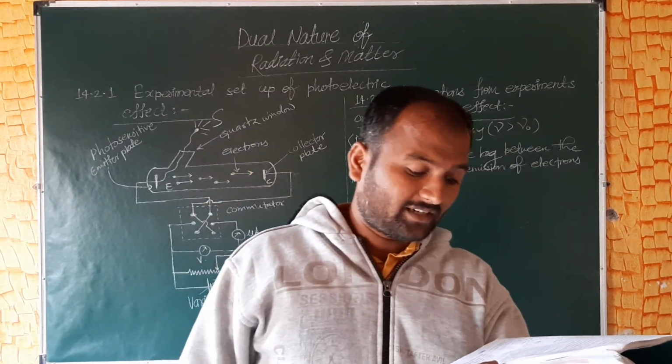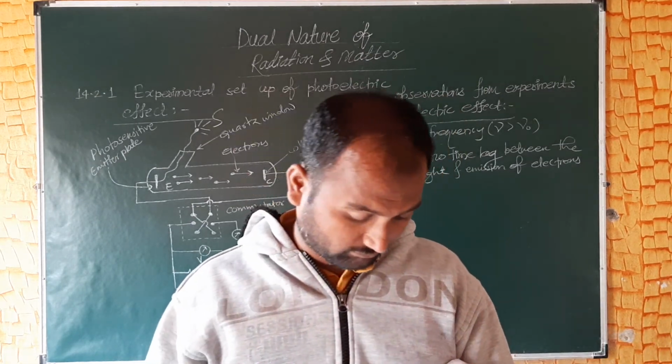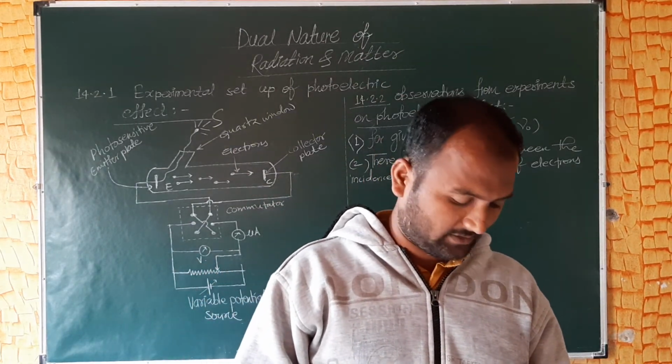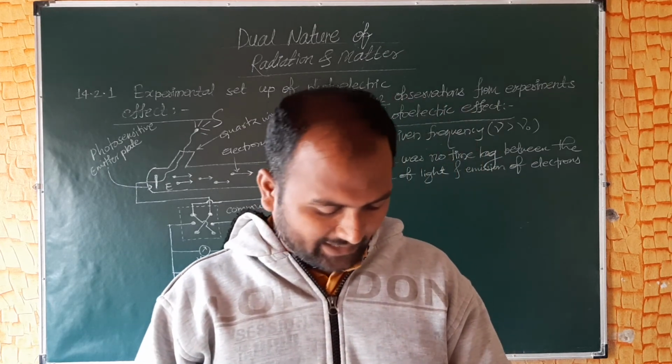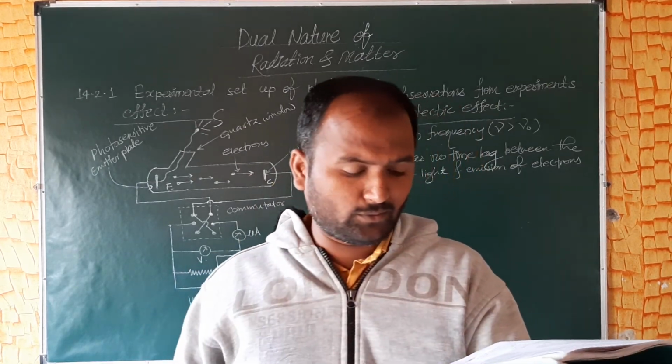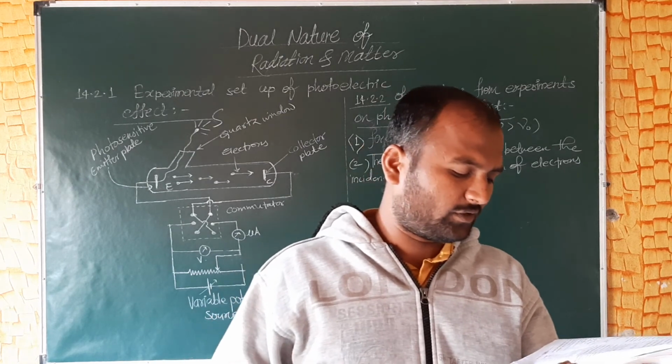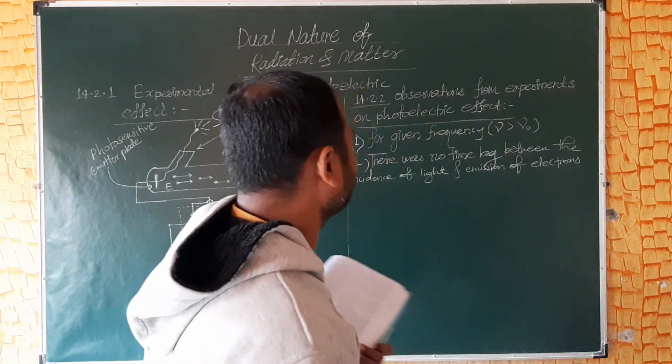The photocurrent started instantaneously, that is within 10 to the power minus 9 seconds, on shining the radiation, even if the intensity of radiation was low. As soon as the incident radiation was stopped, the flow of current also stopped.